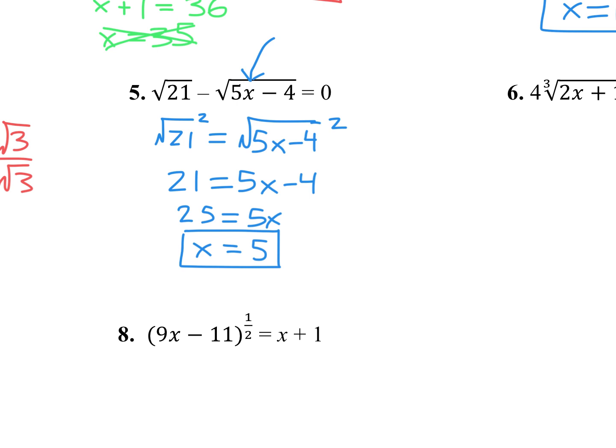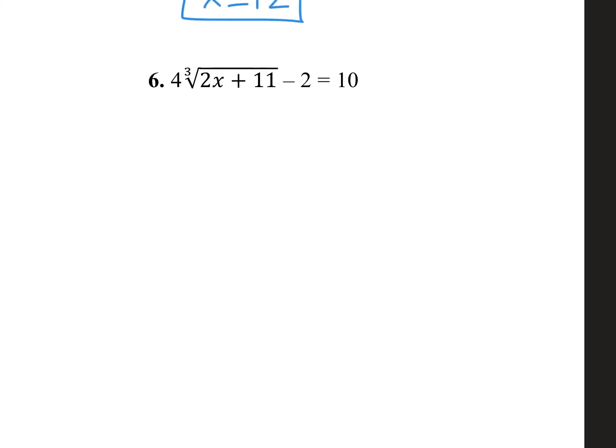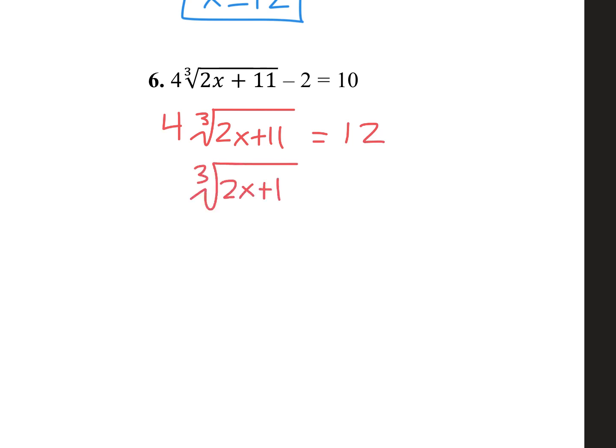All right, number 6 is the first one with an odd index. All right, so I add 2 to the other side first. Now I can divide the 4.